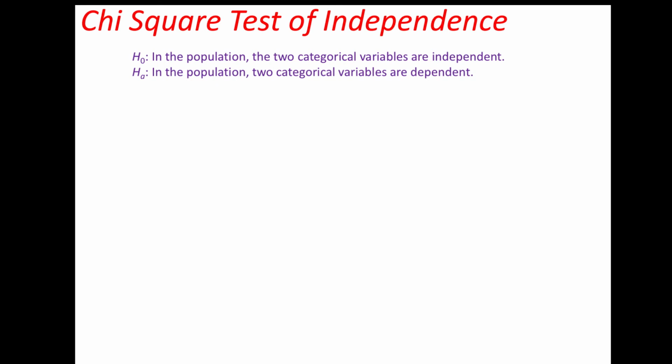Note, there are several ways to phrase these hypotheses. Instead of using the words independent and dependent, one could say there is no relationship between the two categorical variables versus there is a relationship between the two categorical variables. The important part is that the null hypothesis refers to the two categorical variables not being related, while the alternative is trying to show that they are related.